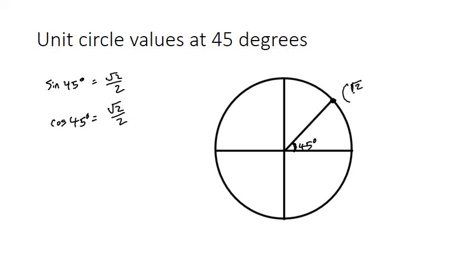Cosine is radical 2 over 2. The sine is next, it's radical 2 over 2. We know that it's 45 degrees, which you can pause and try to see if you can figure out what 45 degrees is in radians. So that would be pi over 4 radians.